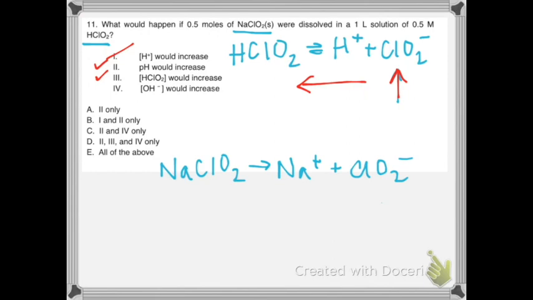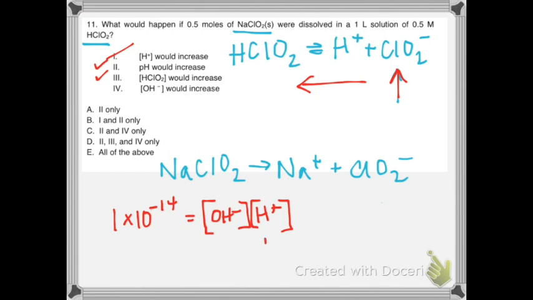So that one is also true because we know that 1 times 10 to the minus 14, or Kw, is going to be equal to the concentration of OH minus times the concentration of H plus.